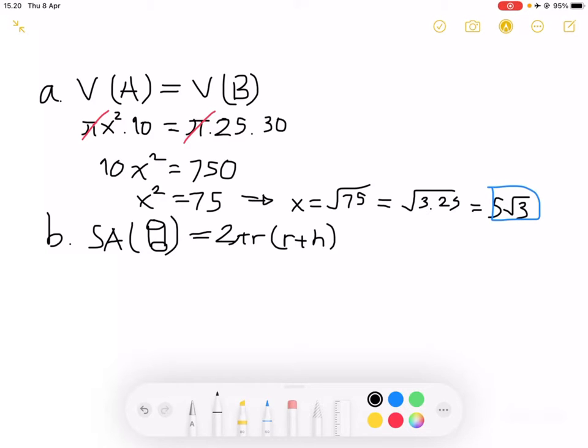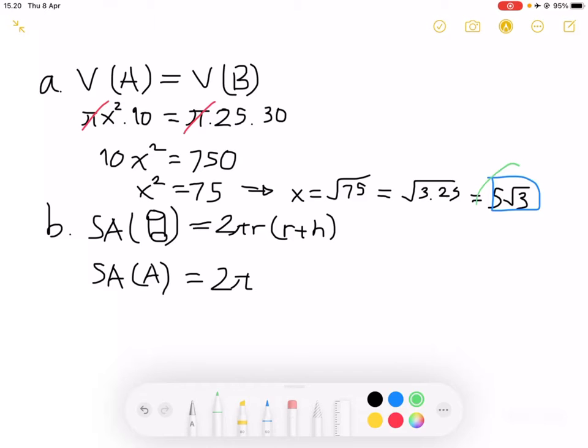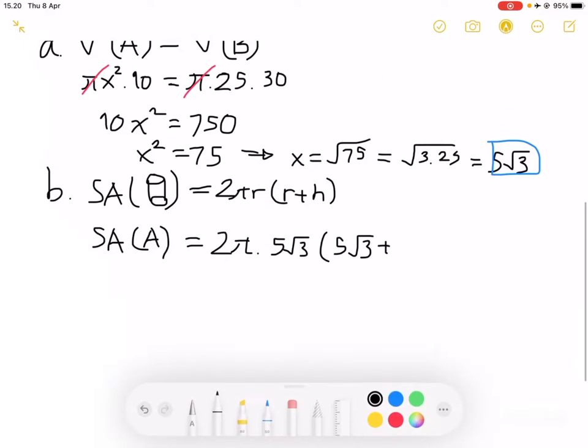Alright, so let's just do the surface area of cylinder A. So I have 2 pi. We know that our r is x, and we just found x in the last question, which is 5 square root of 3. All that multiplied inside 5 square root of 3 plus our height, or I would say the extension length, is 10.